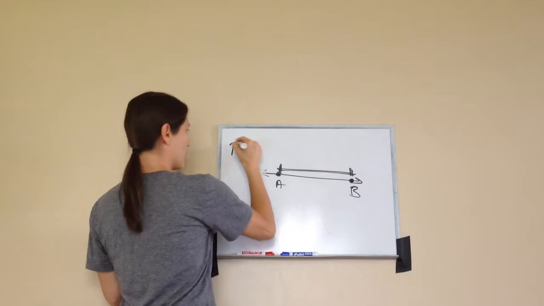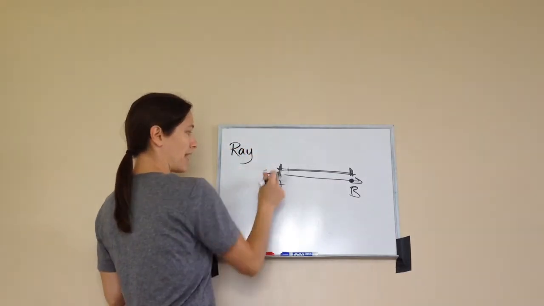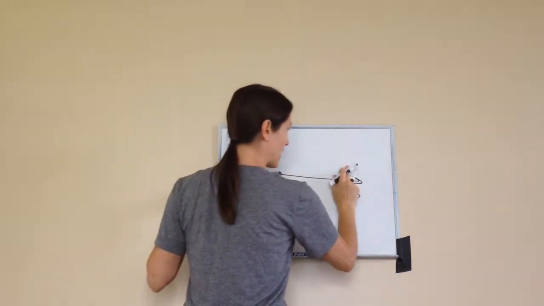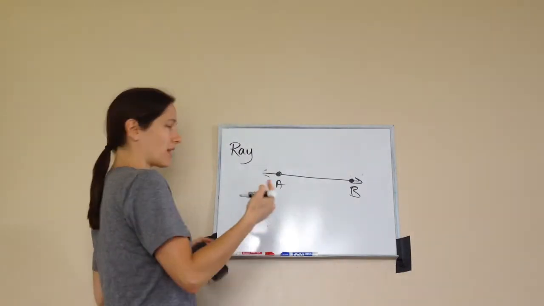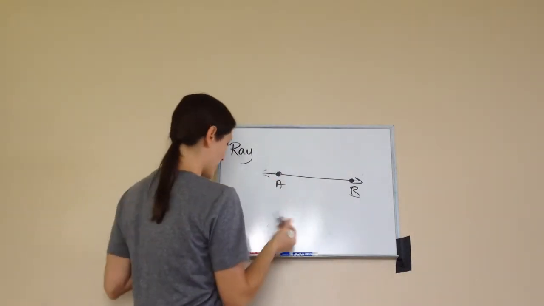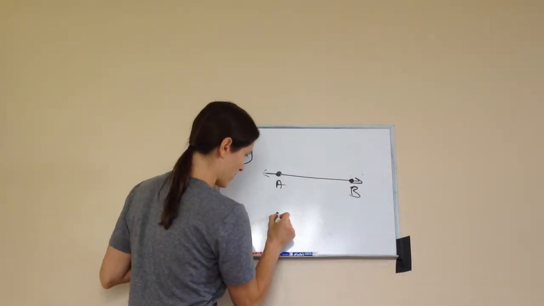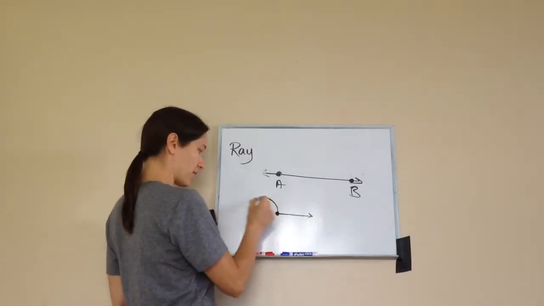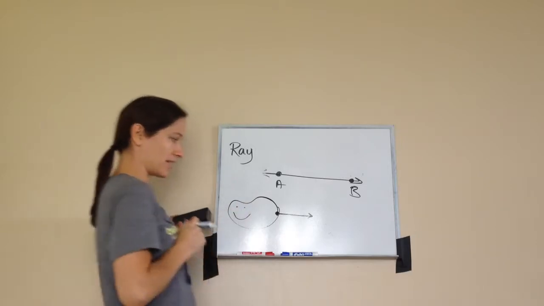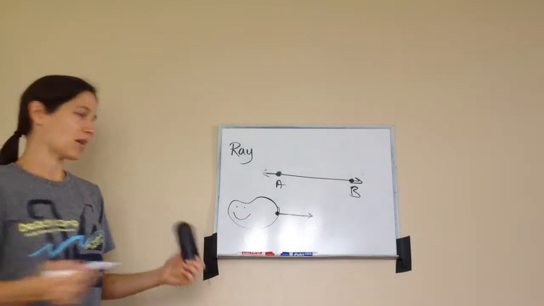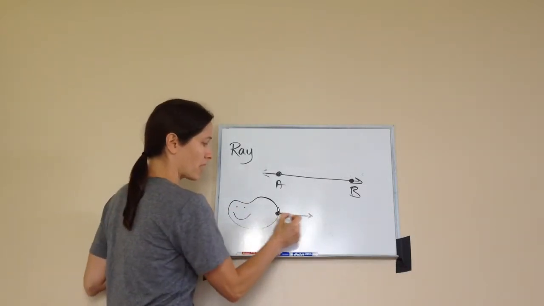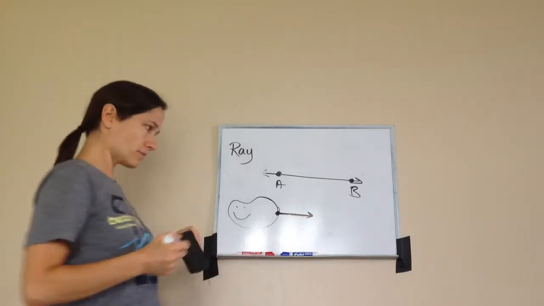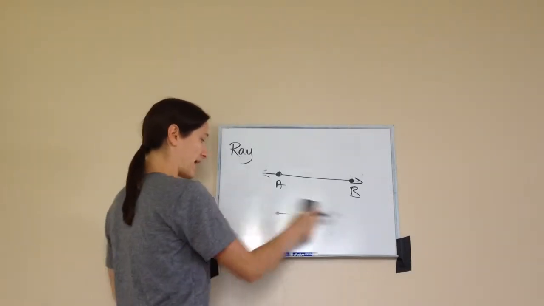A ray is one that has a stopper on one side and an arrow on the other. And I taught you last year to think about a stingray, okay? For example, here's my line, my stopper. And then the tail of a stingray, okay? And I just pretend that that's it, okay? That always has helped me because the stopper is right here, and then it keeps going. Okay, or you can think about a ray of sunshine.